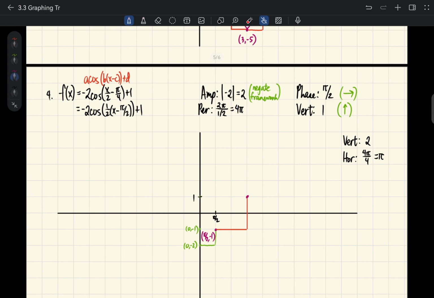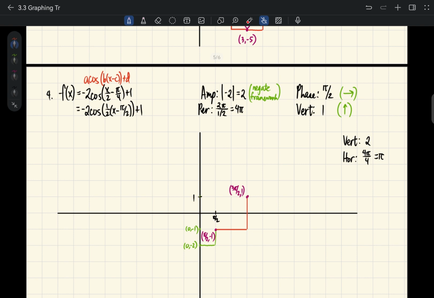Since we moved pi units to the right, we add pi to pi over 2. So pi plus pi over 2, that's just 3 pi over 2. So we have 3 pi over 2 here, comma, for the y-coordinate, we move 2 units up. So -1 plus 2, that's +1.